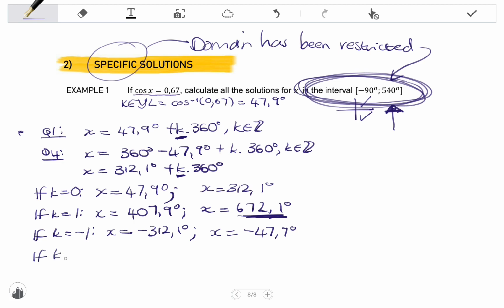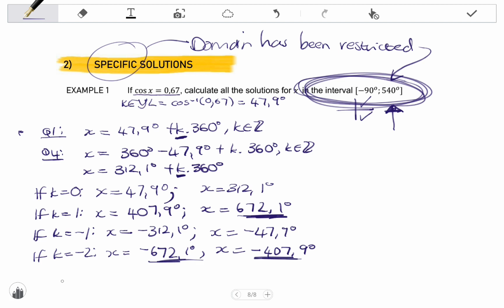Let's also go to -2. If k is -2, in the first general solution, x would be -672,1 degrees. In the second general solution, I'd get -407,9 degrees. Now we notice that these are beyond the domain, so we're going to stop there.